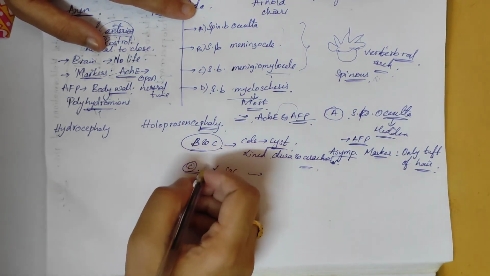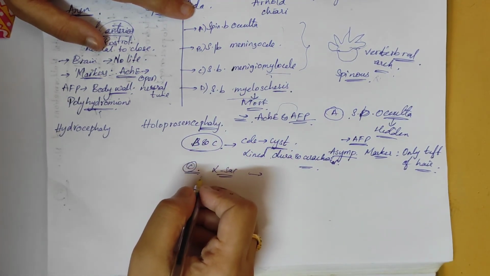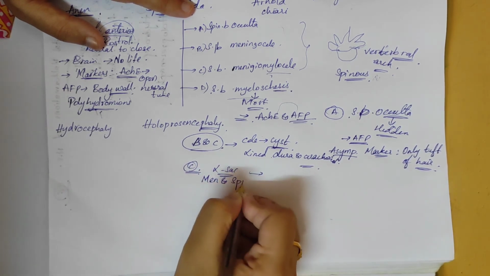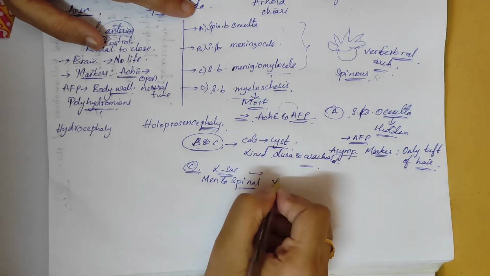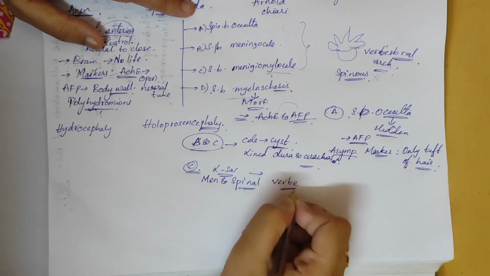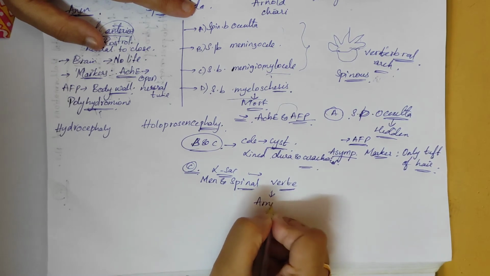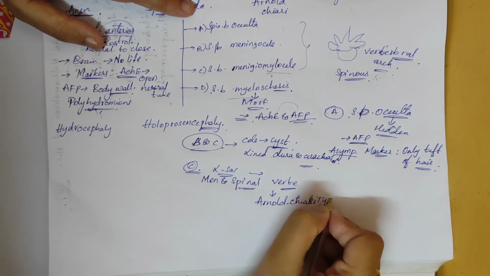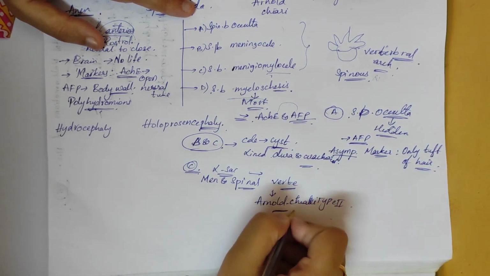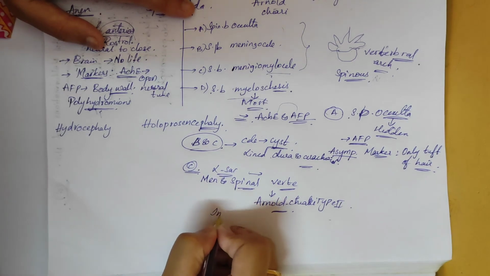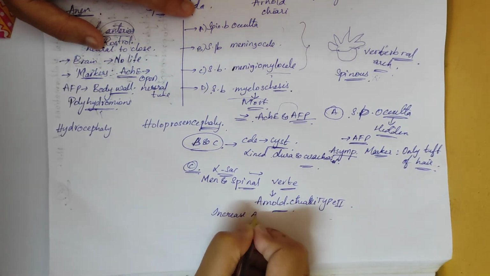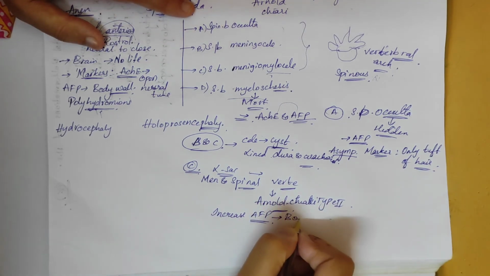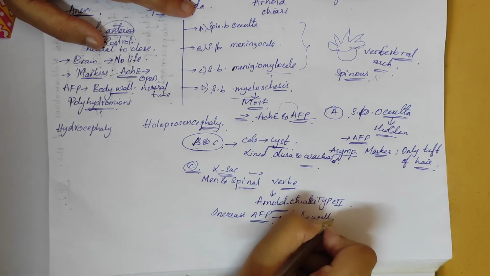We can see meninges and spinal cord protrude through this vertebral defect, which is also seen in Arnold Chiari type 2. We'll discuss this later. And what is the classic marker here? There is increase in AFP because it forms a cyst, which is a body wall defect. So there is increase in AFP.